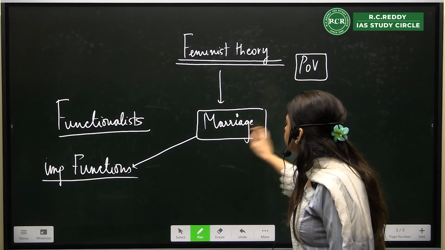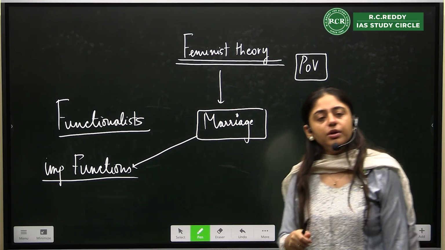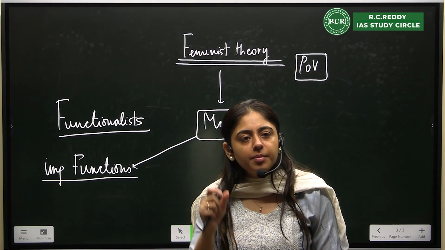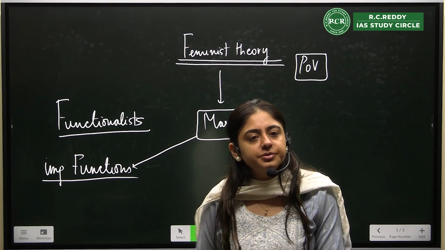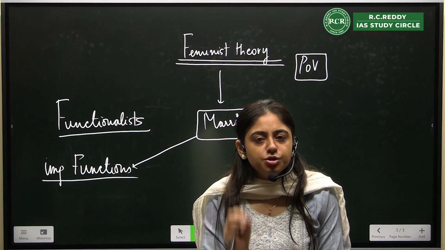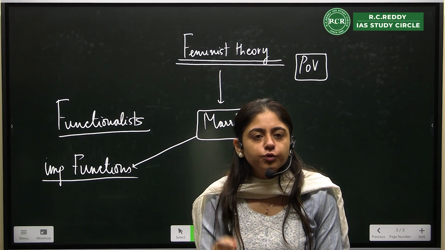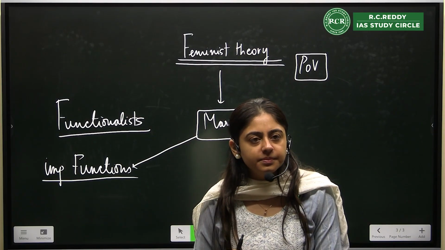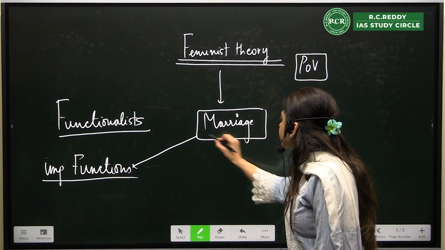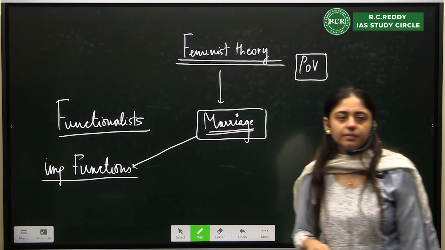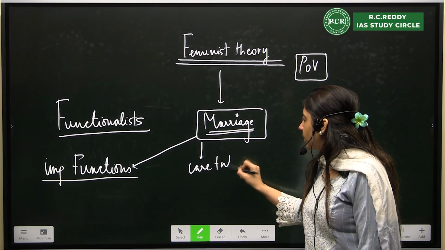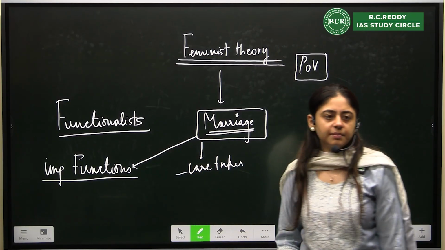Now, coming back to the main thing, feminists, their point of view will be very different. They will see it as a system which is oppressive. They will say that marriage as an institution is useful only for men. Why? They say that when we're talking about marriage as an institution, who gets a person or a caretaker for free?